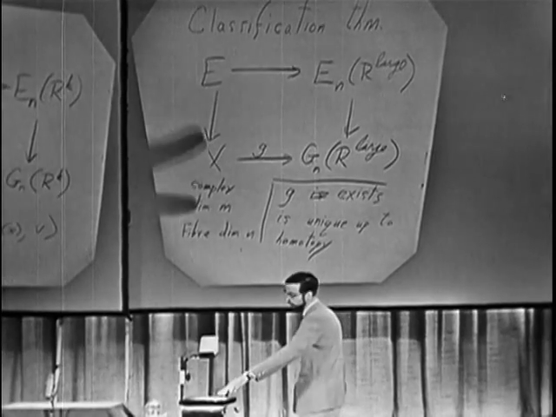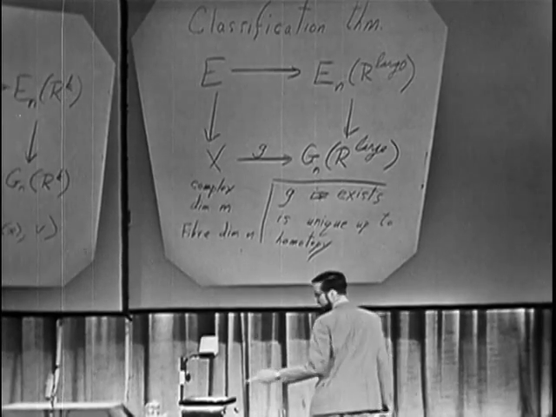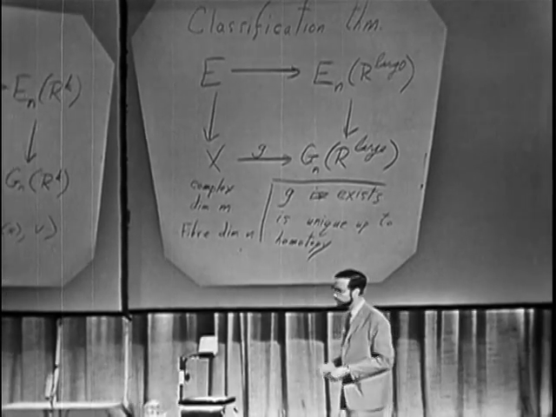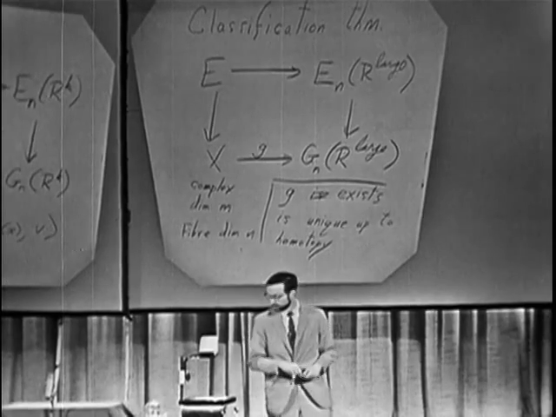So that for any vector bundle over such a complex X, there exists a corresponding Gauss map which describes the bundle. If we know the Gauss map, then it's possible to reconstruct the bundle.